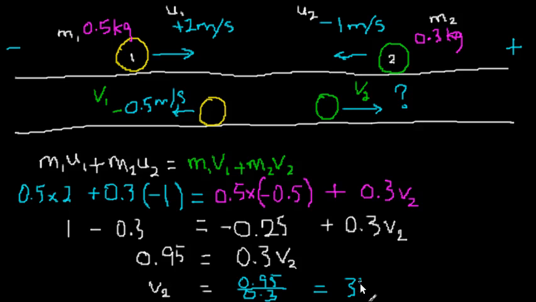Is it 31? No, it's not 31. It's 3.17. I'm trying to do this mentally. I think that's correct. So 3.17 meters per second, that's the velocity. There's no minus sign, so that means it's positive. So this answer tells us that the velocity v2 is 3.17 meters per second, and the direction is in the positive direction, which is to the right.